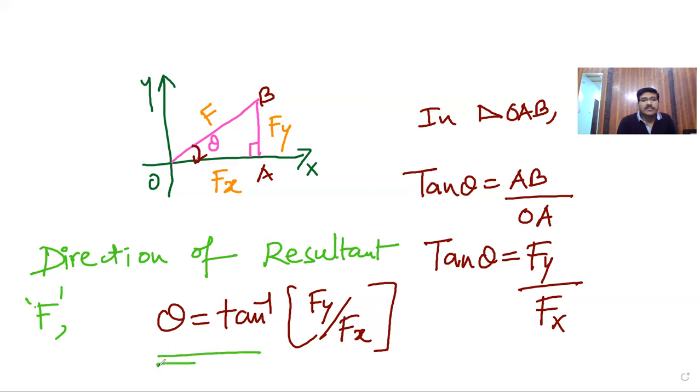Okay. The magnitude is under root of Fx square plus Fy square. Direction is this. Clear? Okay. Now, observe carefully, if I am summarizing: if a force F is given at an angle of theta, you can split it into components along the x-axis and along the y-axis, Fx and Fy, the horizontal component and the vertical component.